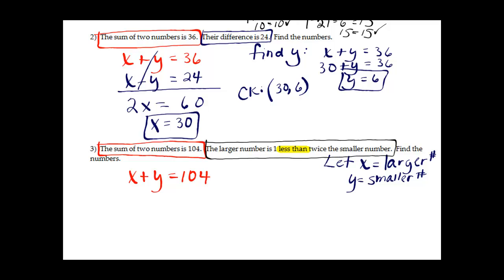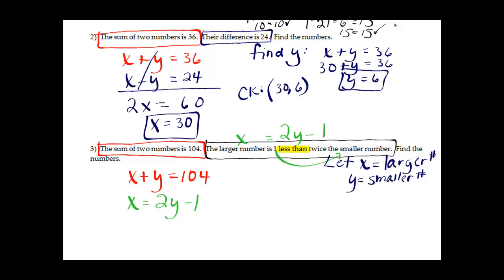So x is, what is the is? It's an equals. 1 less than, switch order, so my 1 will come after twice the smaller. My smaller is 2y. So 1 must come after the 2y. So now I have this equation, x equals 2y minus 1.